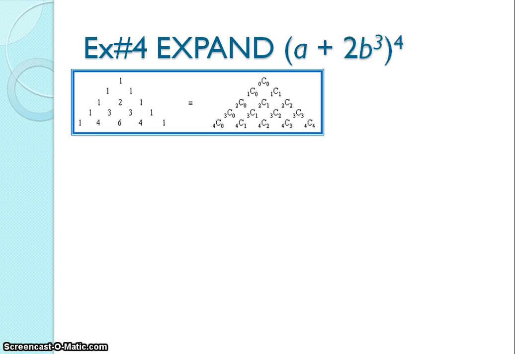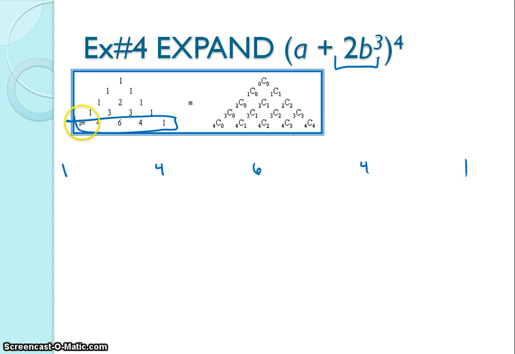So let's use this to do the next one. So here, this 2b cubed would be like what we had as b in the last term. So we're going to have to do all of that. And we're going to look at the 4th row. Okay, so I start off by writing 1, 4, 6, 4, 1.